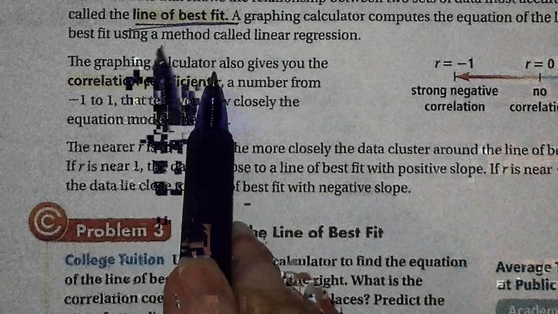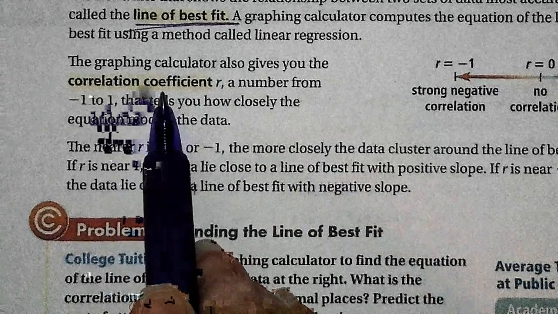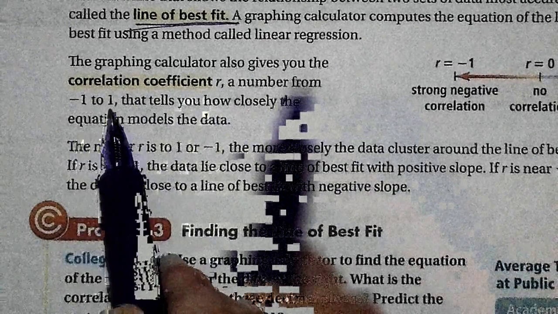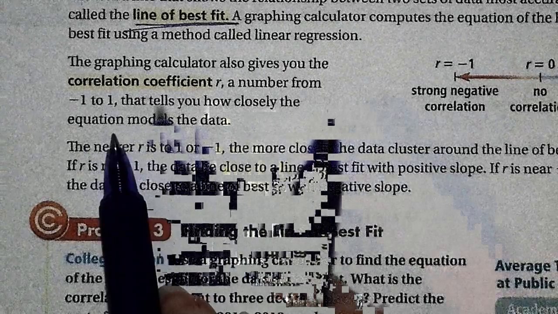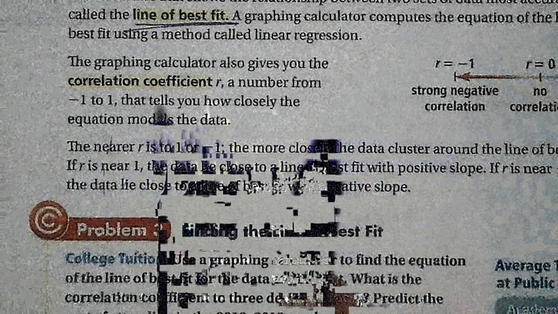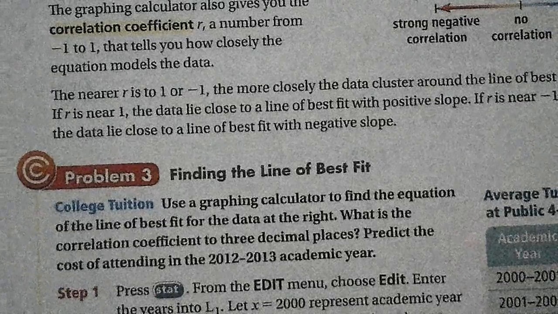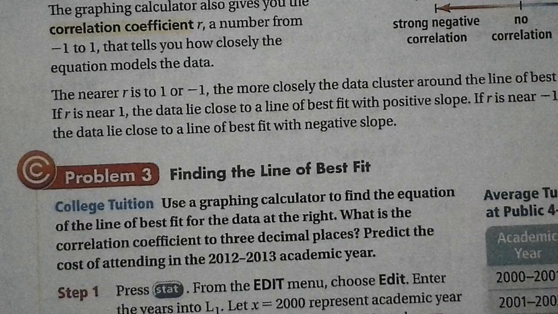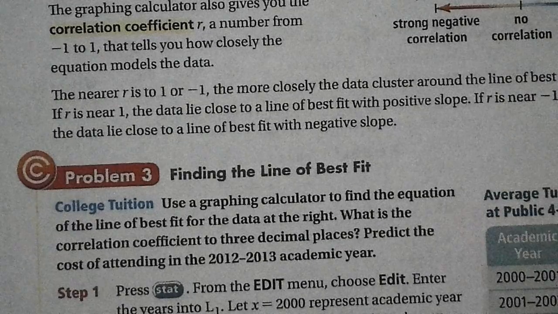So it says a graphing calculator also gives you the correlation coefficient, the number. So r is a number from -1 to 1 that tells you how closely the equation models the data. So once again, the closer the dots are to the line of best fit, the more correlation that there is to that line of best fit.